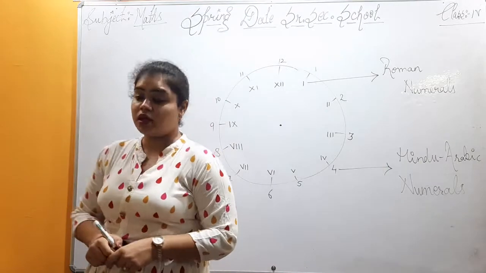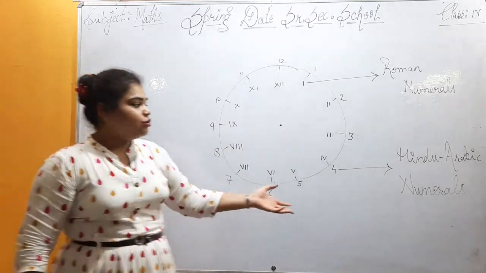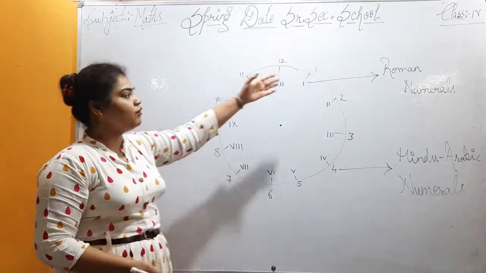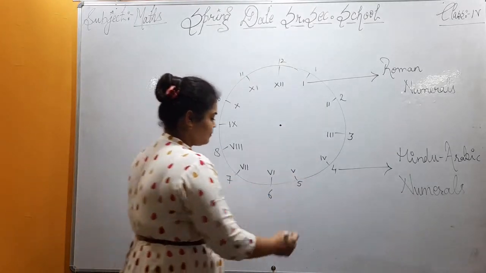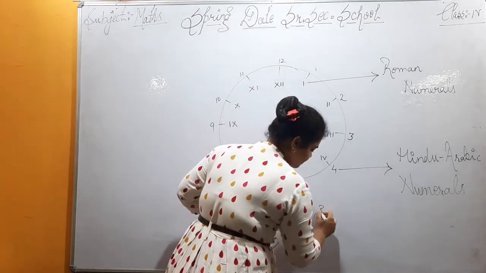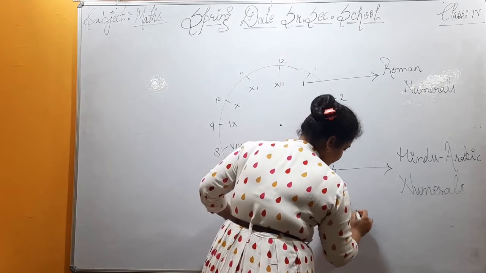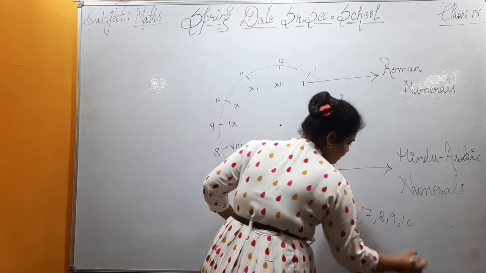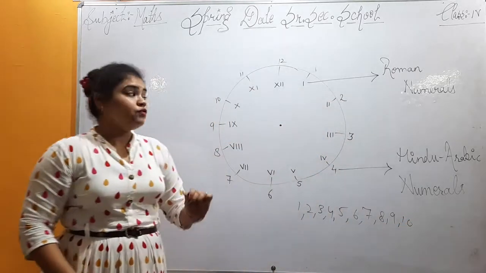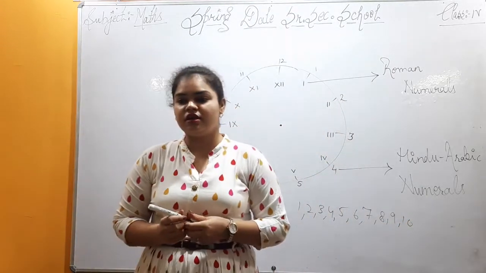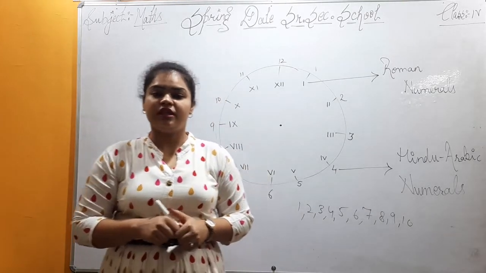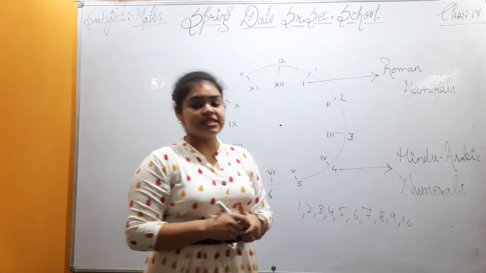In Hindu Arabic numerals, we have the digits from 0 to 9. But for writing Roman numerals, how many symbols do we have? There are only 7.